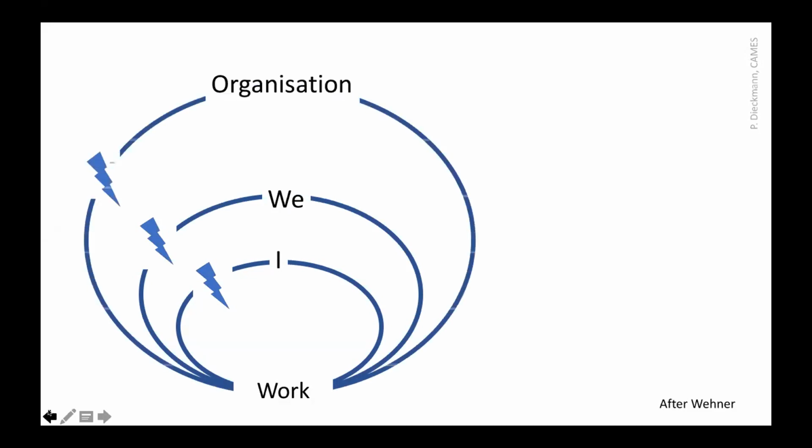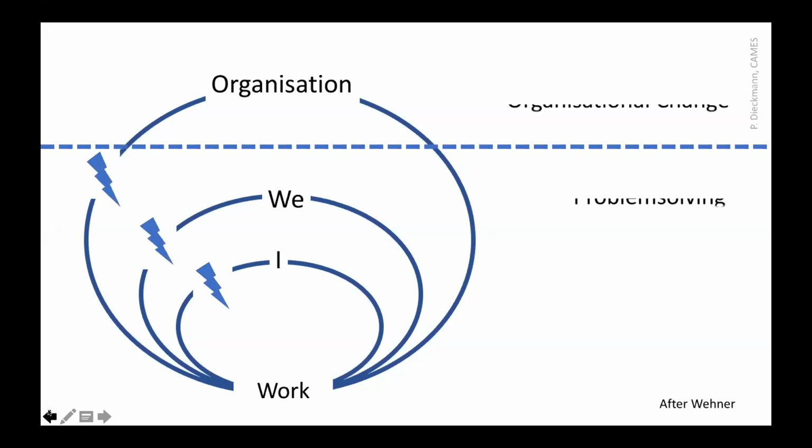And then there is also the level of the organization. And I think what's very interesting in the moment is that organizations become more sensitive to moving from the problem-solving approach into organizational development.